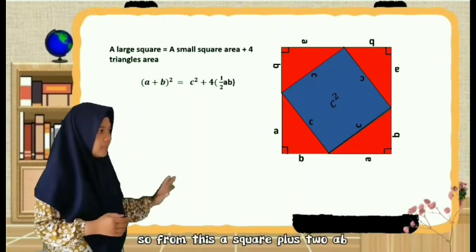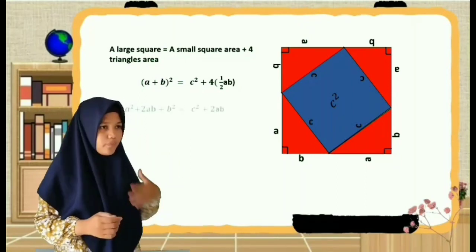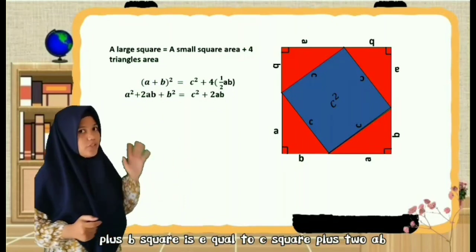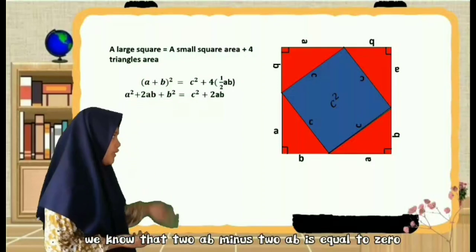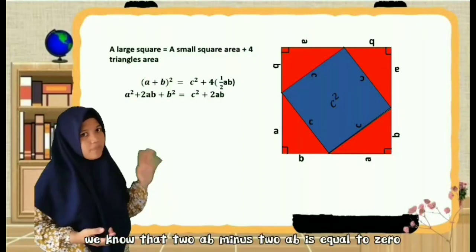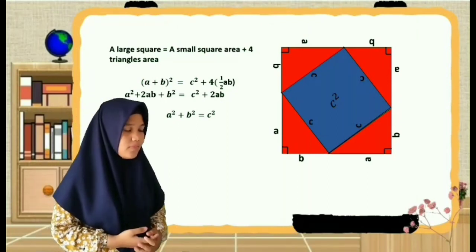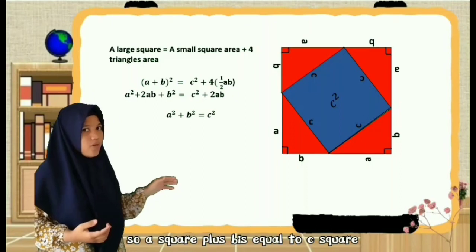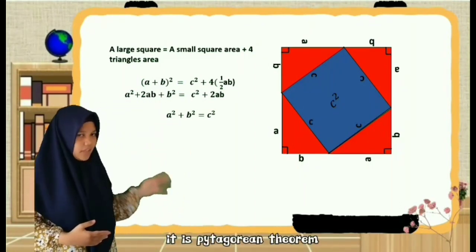From this, a squared plus 2ab plus b squared is equal to c squared plus 2ab. We know that 2ab minus 2ab is equal to 0. So a squared plus b squared is equal to c squared. It is the Pythagorean Theorem.